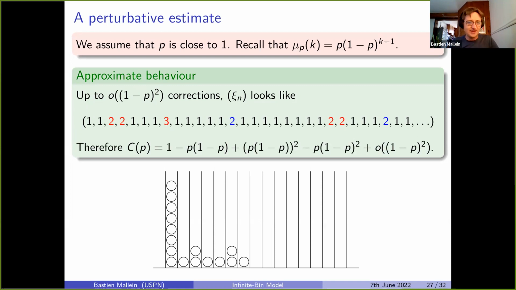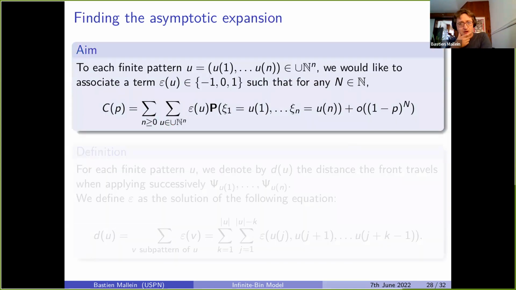And so you can decompose it and say C(p) is 1 minus the number of 2s plus the number of pairs of 2s minus the number of 3s, and you can expect to keep expanding like this. Okay, so that's exactly how we do this computation.